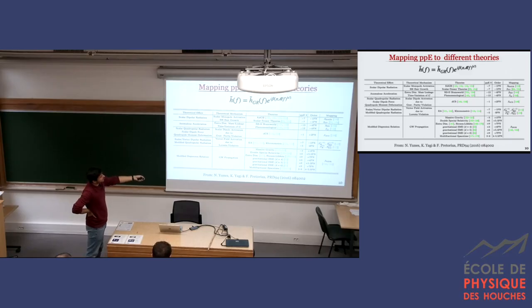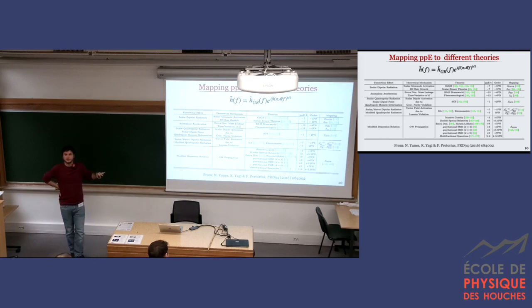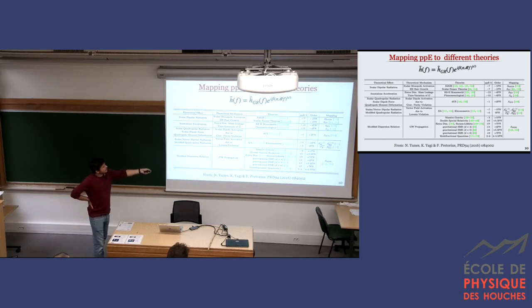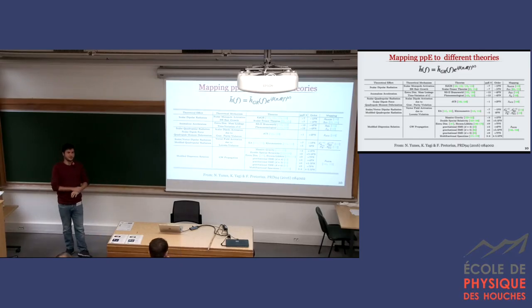If you go to the paper, you'll see there's a mapping of these betas to specific numbers that you get from these different theories. So if you constrained the -1 Pn term, you could go to the specific number for the specific theory and try to constrain the parameters of this theory. I will show you an example in some slides.